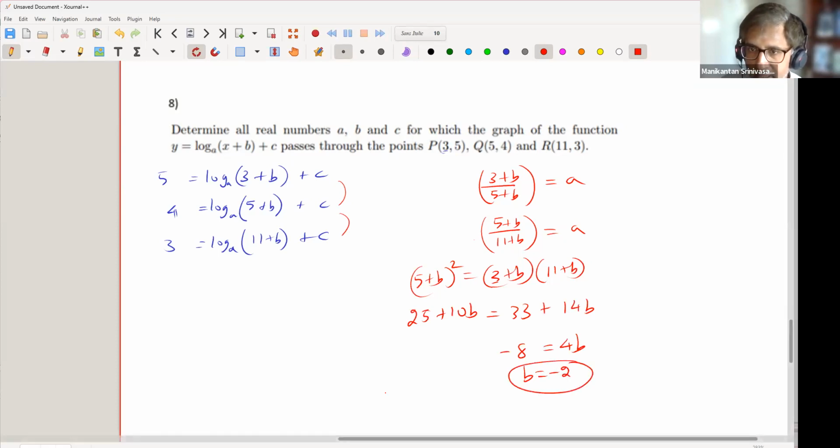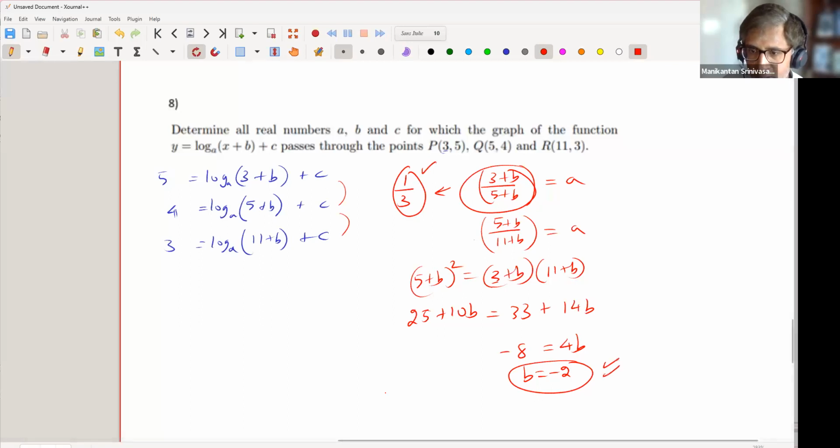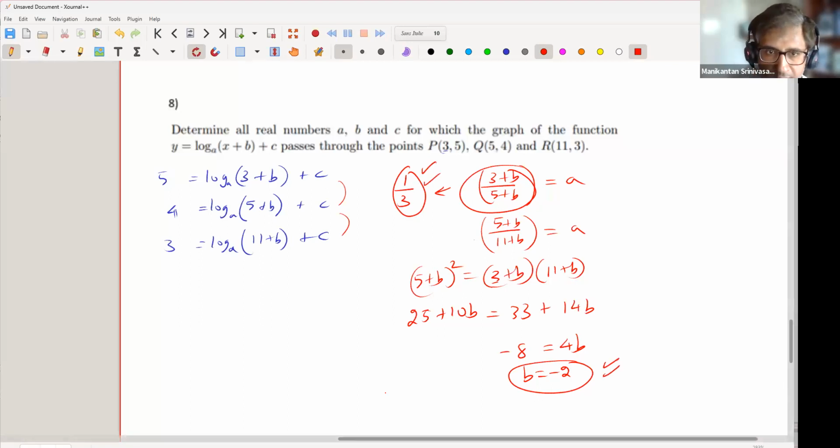I can plug that in one of them. So b equal to minus 2, matlab a is 1 by 3. So a is 1 by 3, b is minus 2, and then c is whatever, right? Easiest way to put it is here. Because this log 1 becomes 0, so c is just 5. So you have your answers, right? 1 by 3, minus 2, and 5.